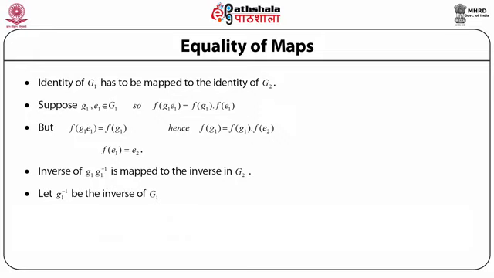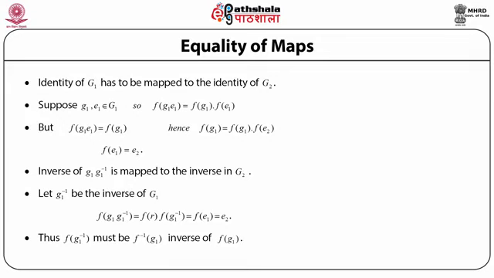Therefore, what does it mean? f of g1 g1 prime is equal to f of g1 into f of g1 prime, which is equal to f of e1, which is equal to e2. Thus, f of g1 prime must be the inverse of f of g1, that is, f of g1 inverse is the inverse of f of g1.